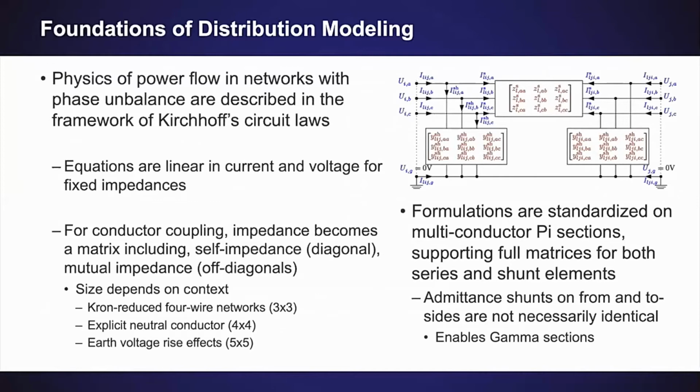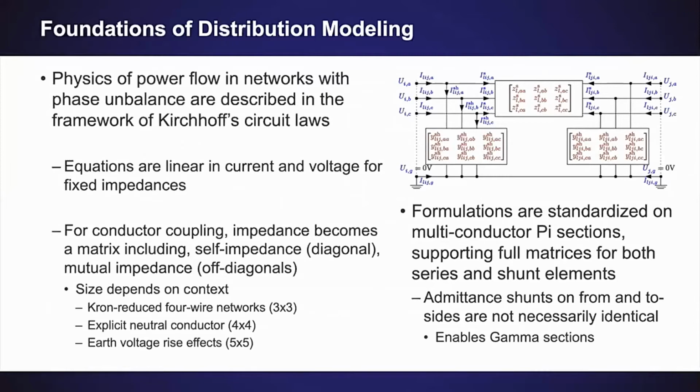Under the hood, in PowerModels, we try to take a generic approach to modeling to avoid edge cases. For example, in the case of branches, the physics of power flow under phase unbalance are described in the framework of Kirchhoff's circuit laws, where equations are linear in current and voltage for fixed impedances.